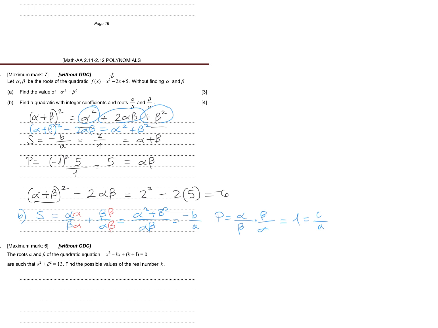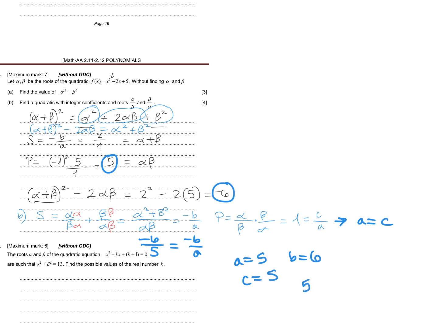So that means that we have, so here we'll have alpha squared plus beta squared is going to be negative 6 from that over the product, which is 5, and that equals negative b over a. So we can see that a is 5, b is 6, and this one, a is equal to c, so c has to be 5.